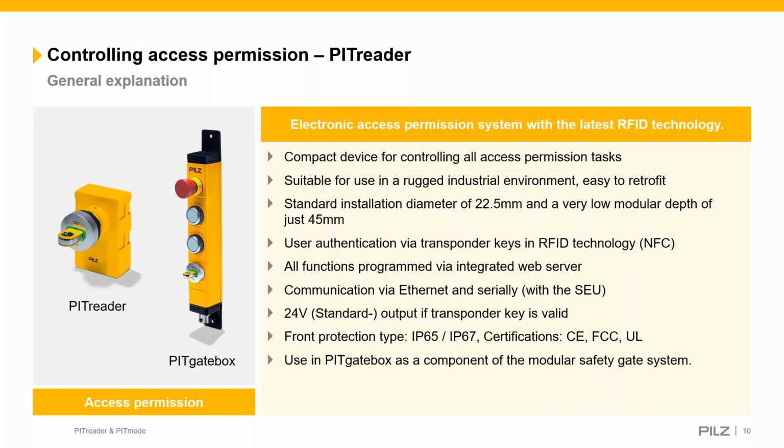And it's a 24-volt standard output if the transponder key that's being used is valid. And we have front protection of IP65/67, and we can also use it, as you can see here, in our PIT gate box, and we use that, our PIT gate box reader, and that can be used with our modular safety gate system.